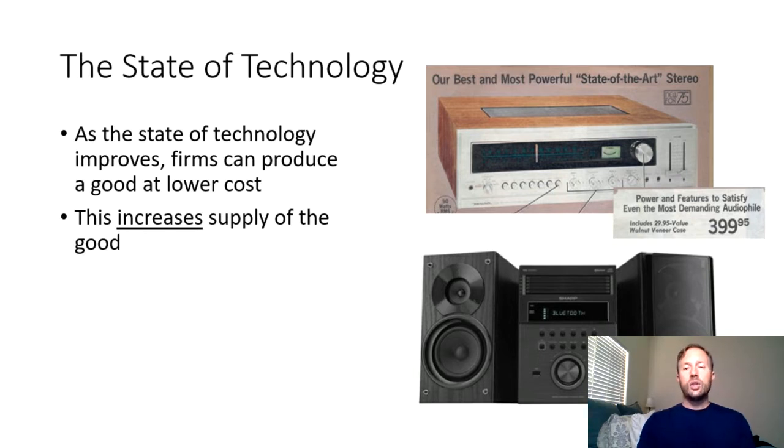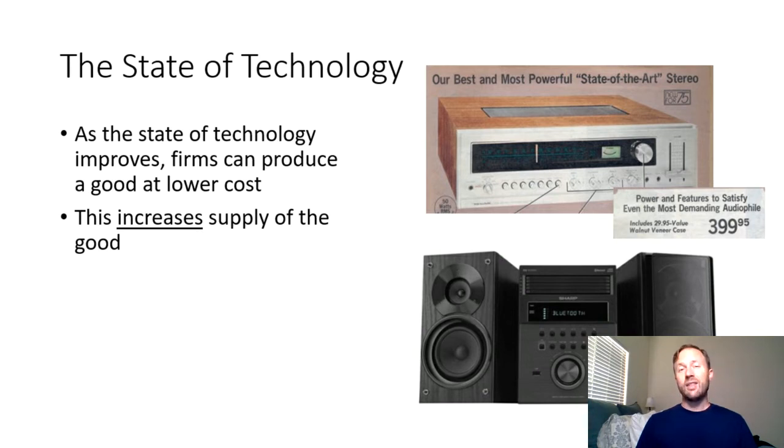But today you can get this newer, more improved stereo for a price of $159.99. So the price has fallen by more than 50% from 1975 to 2020 because the technology for producing stereos has improved so drastically. We are much better at making them today than we were 45 years ago.